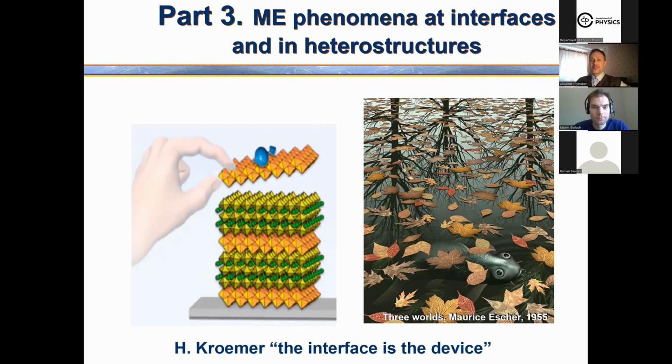Yeah. It's a special phase of the crystal. It's the surface of the crystal. The third world is just these leaves floating on the surface of this pond, and the general idea paraphrases the citation of Herbert Kroemer, which was coined in another context, of course.